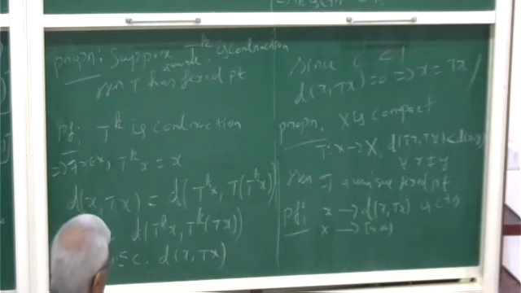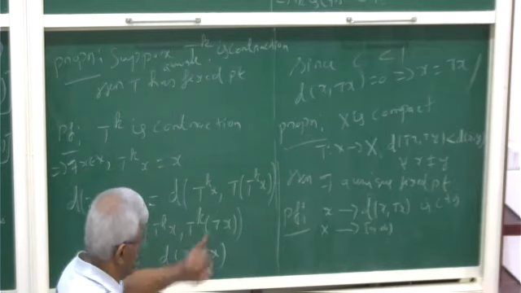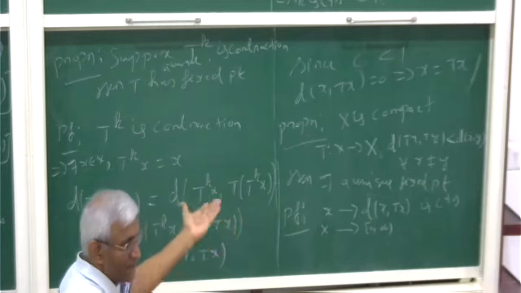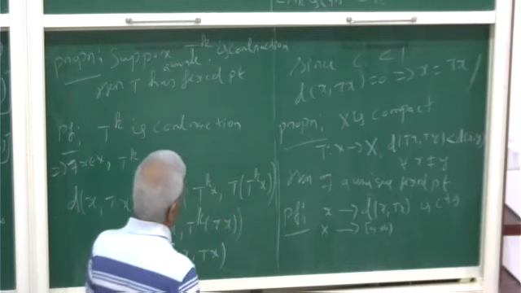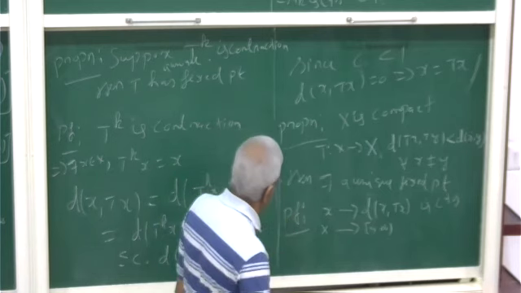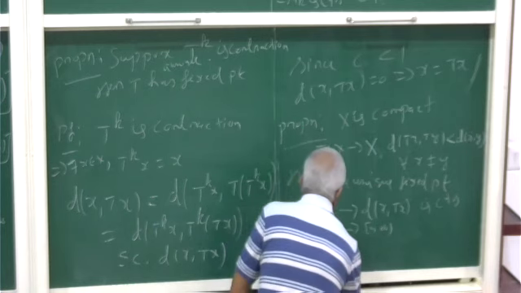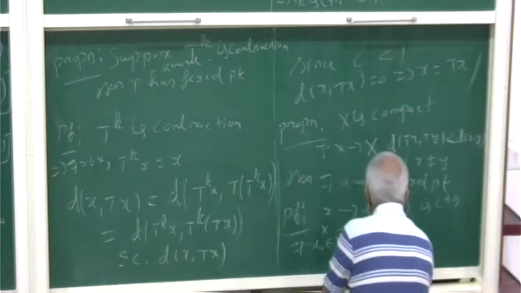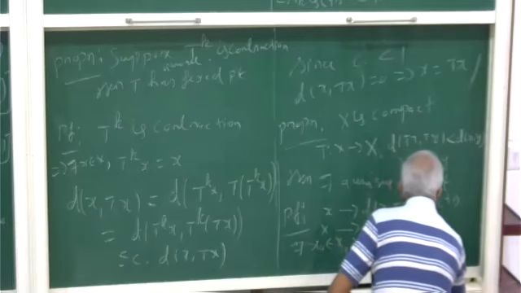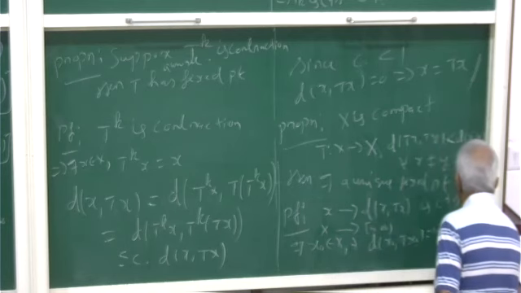X is compact, T from X to X, and T is not just a contraction; this is also a definition of strict contraction. Then there is a unique fixed point. So we consider this function, which is continuous on a compact set. So there exists an x naught in X such that d of x naught, Tx naught equals the infimum of d of x, Tx.